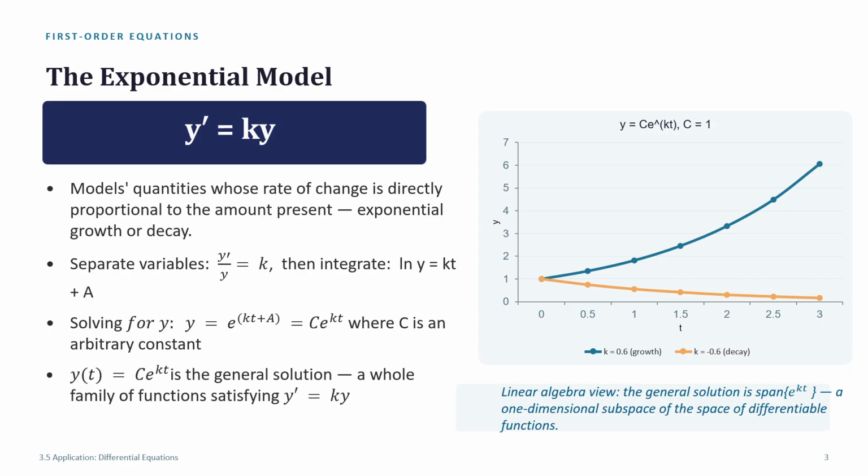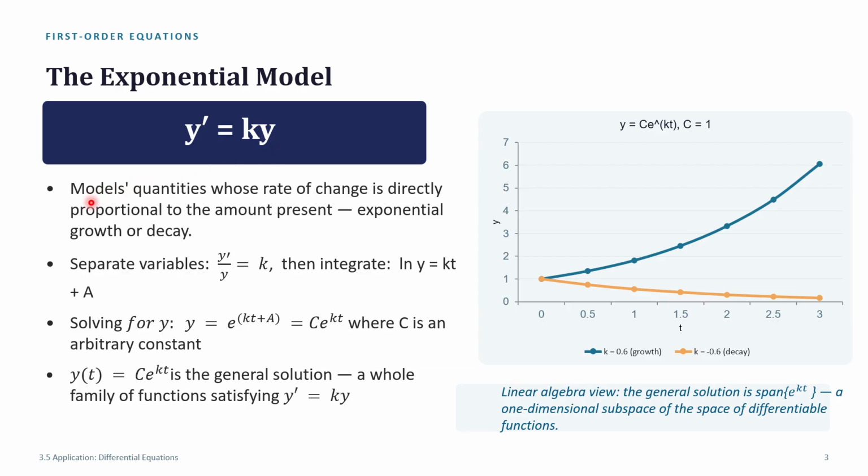We will start with the exponential model, or the first order equation. This exponential model is one of the simplest kinds of differential equations. And this is the first order equation given by y prime is equal to ky.